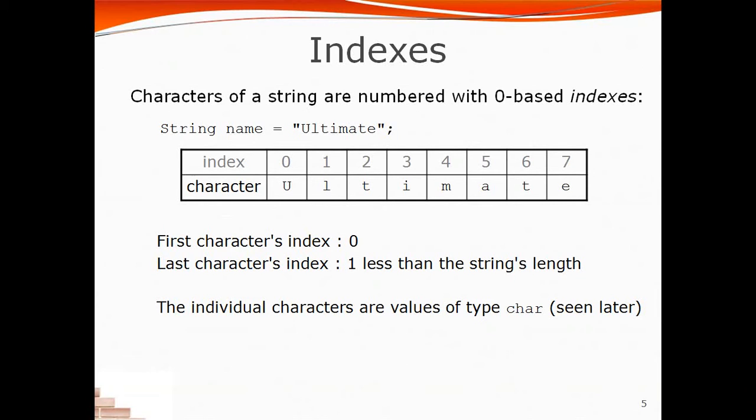So the index of U is 0, the index of L is 1. So the indexes run from 0 to 7. This word ultimate has 8 characters, but its indexes are from 0 to 7. So the first character index is 0 and the last character index is 1 less than the string length. Remember this.